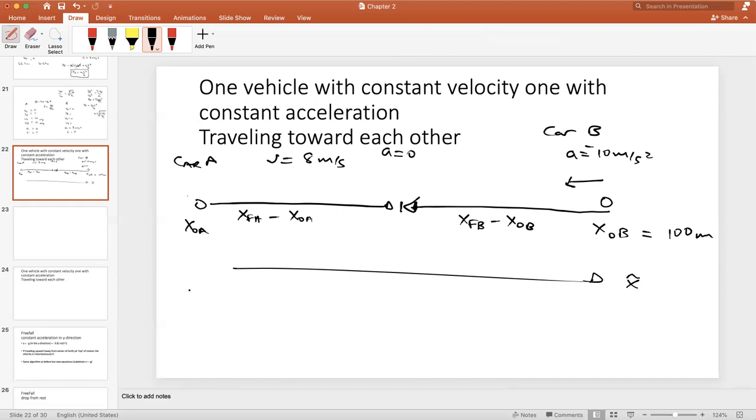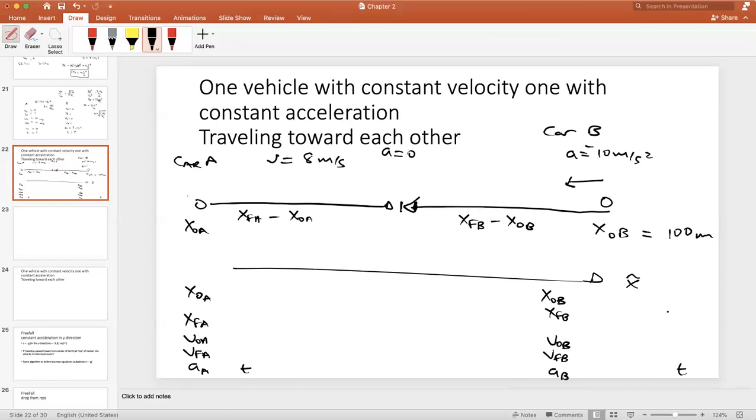Well, the next step is listing x initial of A, x final of A, v initial of A, v final of A, a of A, and t. And then x initial of B, x final of B, v initial of B, v final of B, a of B, and t.